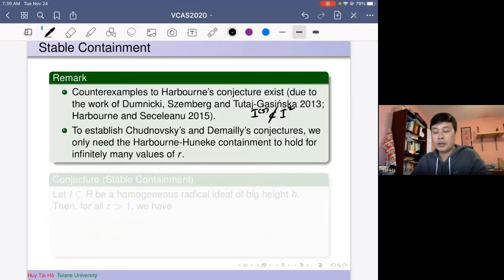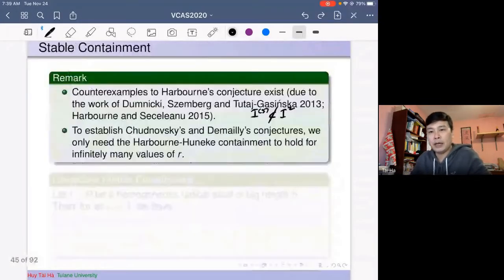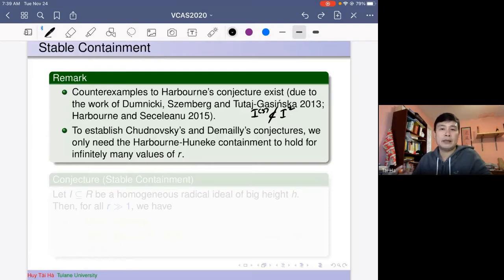The good news is that to establish Chudnovsky's and Demailly's conjecture, as you have seen at least in this proof, we are taking the limit as r goes to infinity. So all we really care about is that the limit exists, and there's the inequality for the values of r in a subsequence that we can take a limit of. In other words, all we need is the Harbourne-Huneke containment for infinitely many values of r.